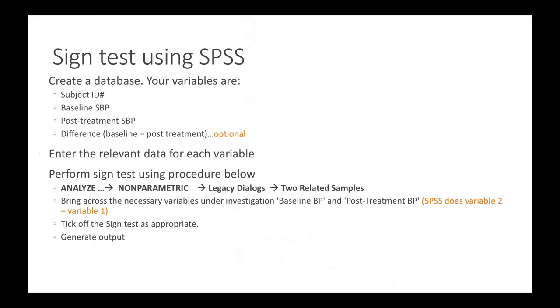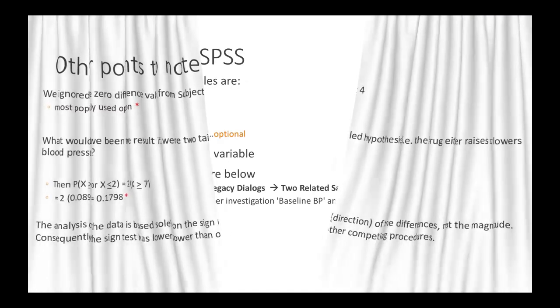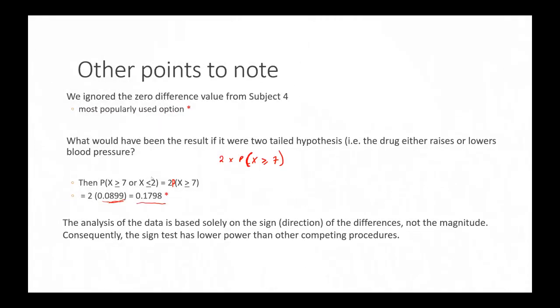Yes, go ahead. Can I just ask a question, please? From the slide before where you have P of X greater than 7 or X less than 2, how did you get X less than 2? How do you determine to use 2? So I was telling you that I will do it at the end of the class.